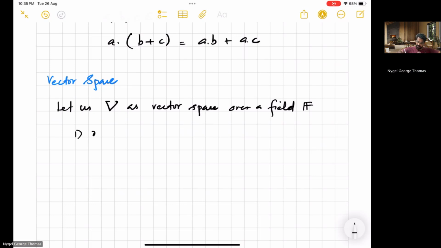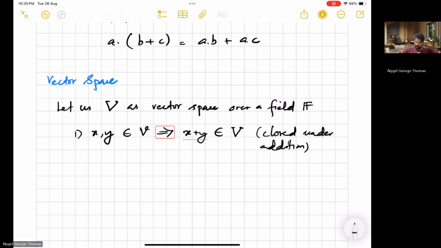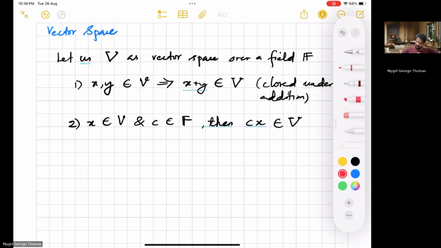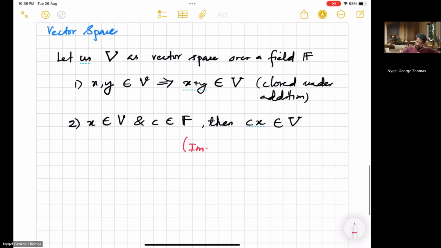The first condition is if x, y belong to a particular vector space V, this implies x plus y also belongs to the vector space, which is closed under addition. Second, if x belongs to V and c belongs to field F, then cx belongs to vector space V. There's also an implication: 0 belongs to the vector space because for c equal to 0, cx should be equal to 0.